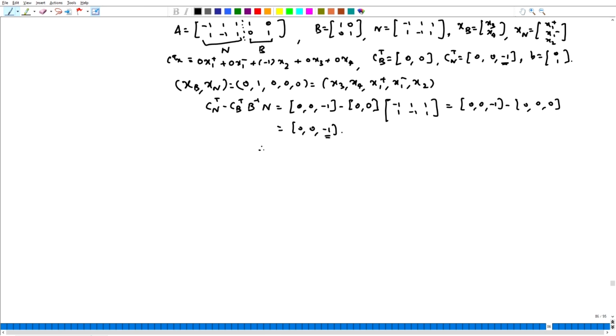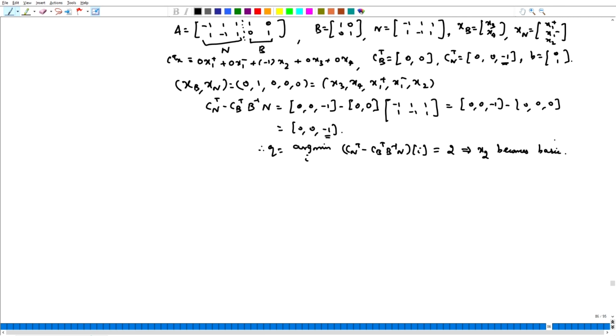So, therefore, q, which is the argmin over i of Cn transpose minus Cb transpose B inverse N of i, is actually 2, that is 0, 1, 2. So, it is x2. So, therefore, x2 becomes basic in the next cycle, in the next iteration.